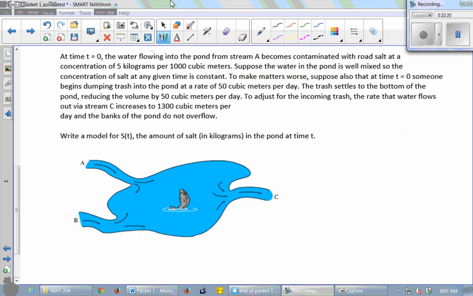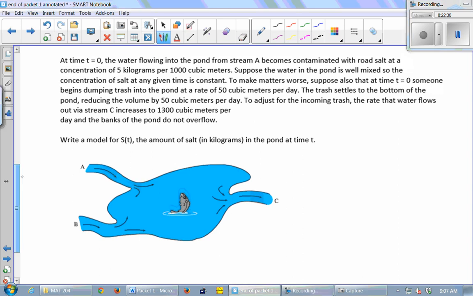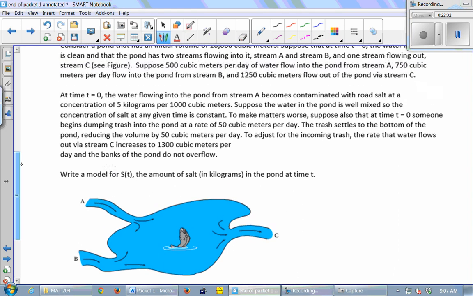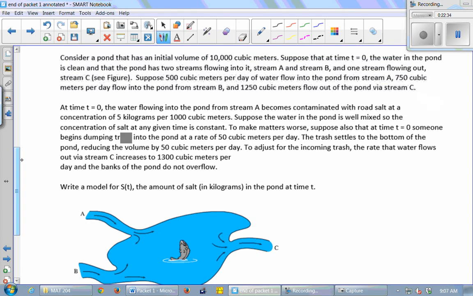All right, there we go. So here's our picture. We have 2 streams that flow into the lake and 1 stream that flows out. Okay. There's 10,000 cubic meters in the lake at the beginning. All right. So suppose 500 cubic meters per day of water are flowing into the pond from stream A. So 500 cubic meters per day of water, right?